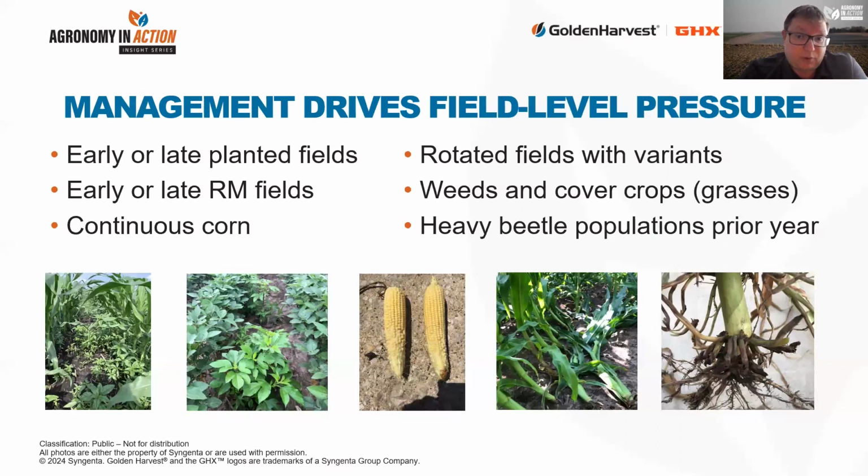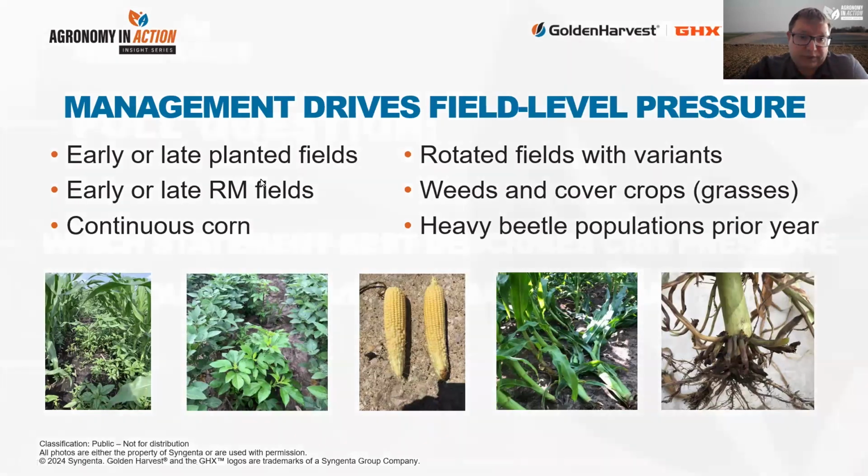Any grass type, whether it's a volunteer corn or a rye cover crop, all of those things can create opportunities for localized beetle egg laying and issues the next year, even if there wasn't soybeans in the field, even if there wasn't corn planted in the field the prior year. So probably a lot of that is familiar to many of you, but I just wanted to call out some of the things that we see most often on a field-to-field basis within an individual farming operation being important.